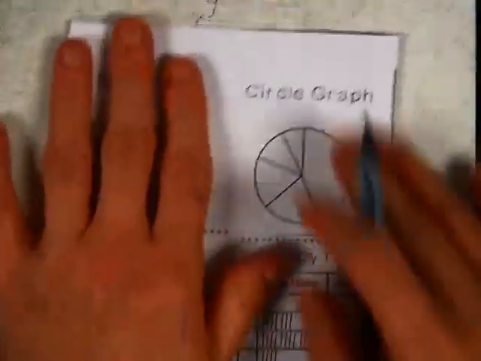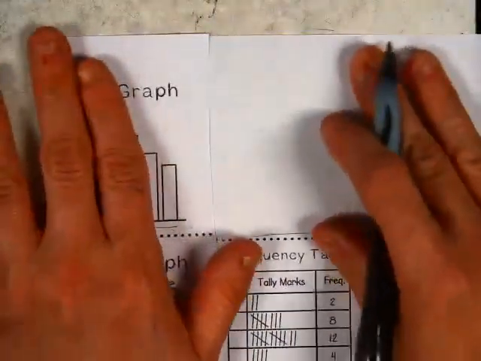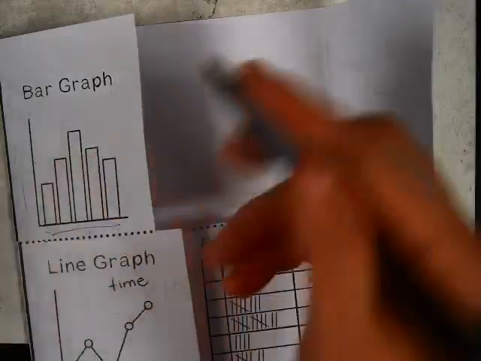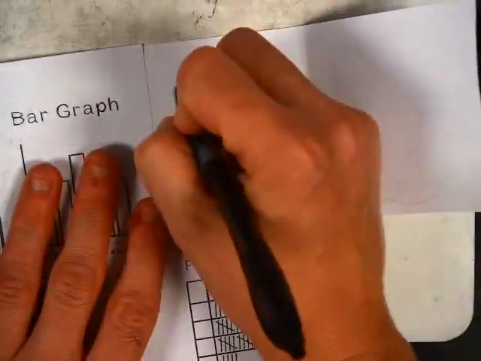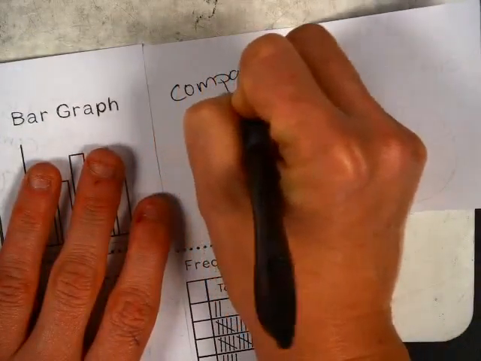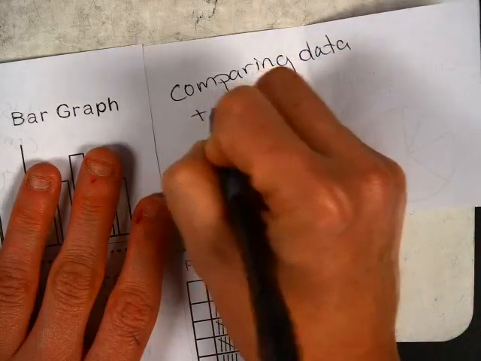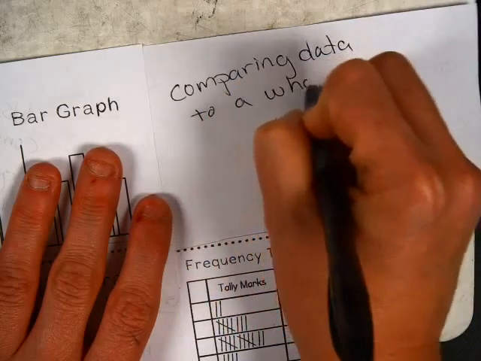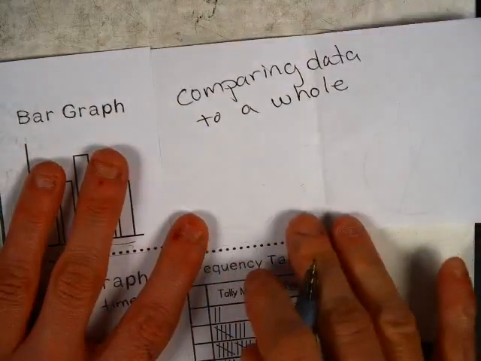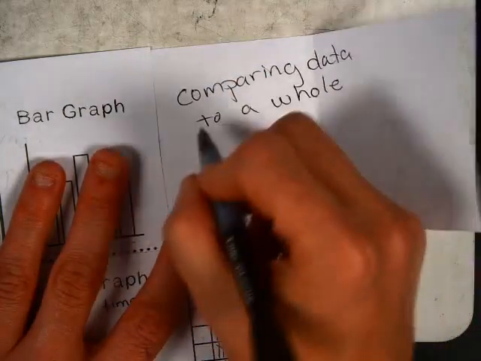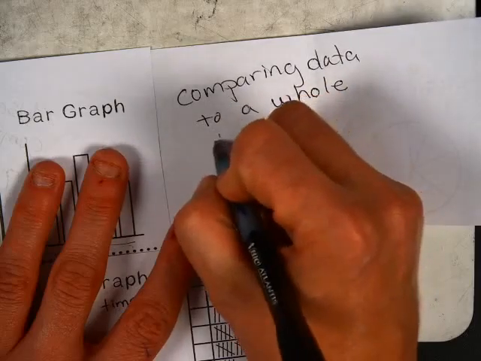Now let's go back up to circle graphs. Circle graphs are always comparing data to a whole. What that means is you have percentages.